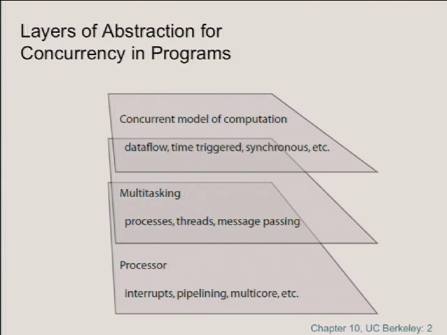Okay, so in software, how does concurrency arise? Well, this picture shows three different layers. The one layer we've already talked about. At the processor layer, concurrency arises through this mechanism that we call interrupts. So an interrupt says, okay, you're proceeding happily through this sequence of steps.